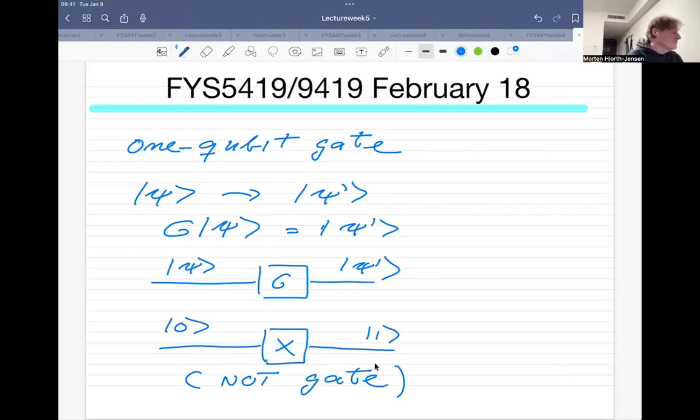So this is a very, very typical example of how we would depict the operation of the operator G, which is normally a unitary operation, and when it transforms an initial state into a final state. And then we can obviously make measurements in between or at the end of all these operations.